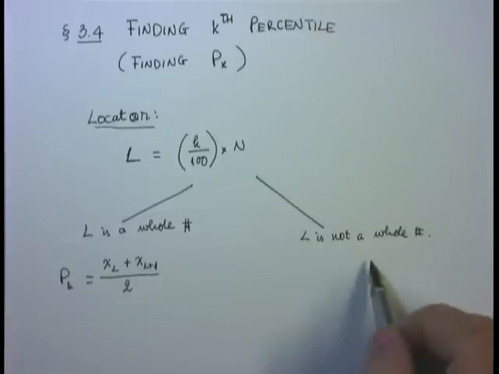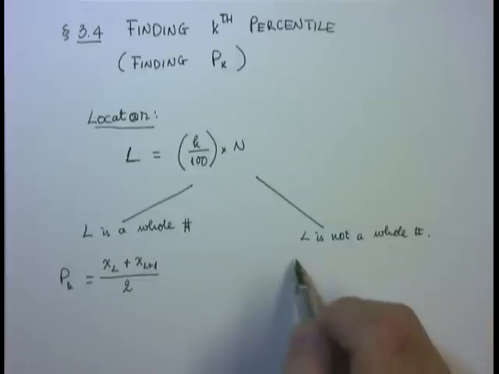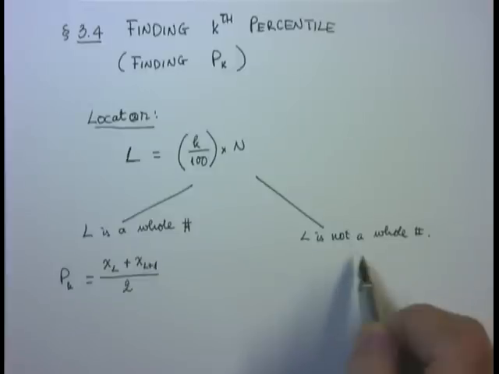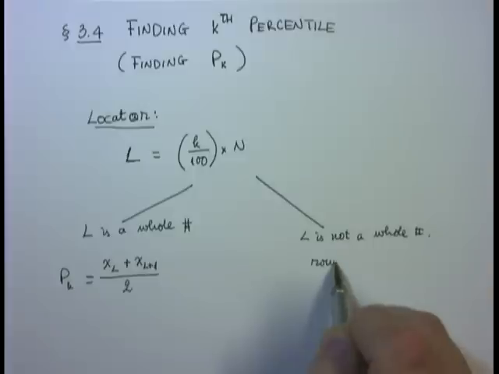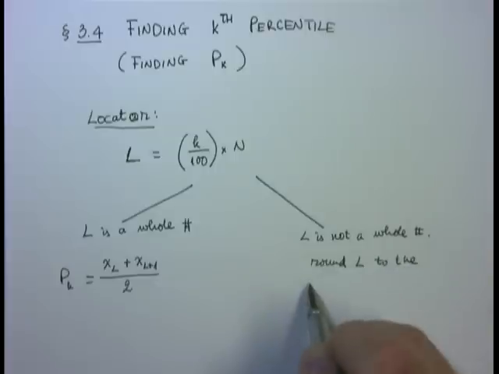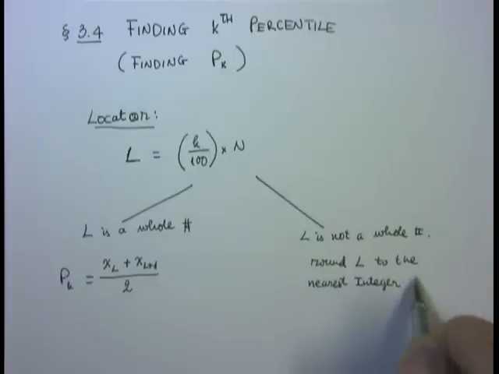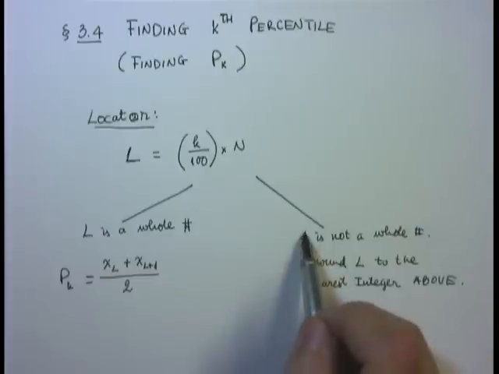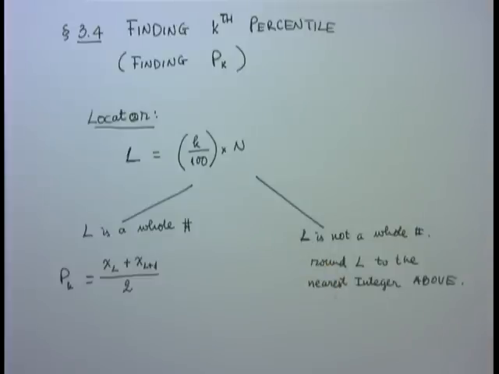When L is not a whole number, you round L. We always round L to the nearest integer above. That's the case where your computed L value is not a whole number.